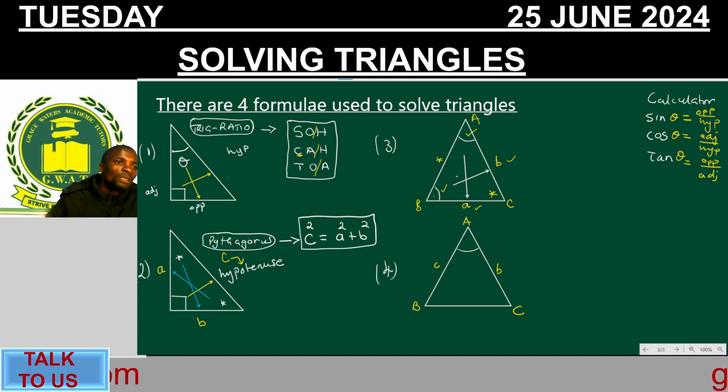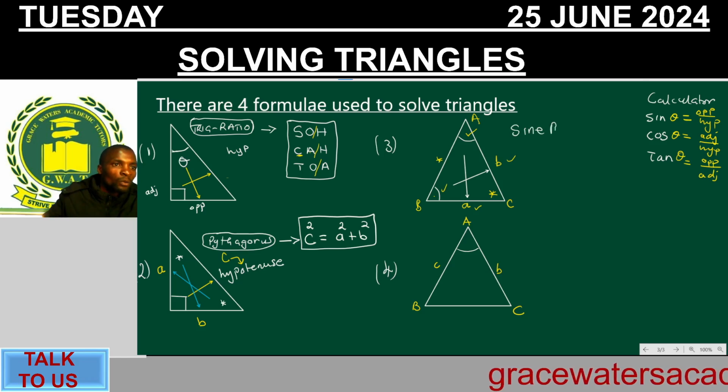So what we do is, we now know that we have a set of corresponding sides and angles. So we need to use the sine rule when it comes to this type of triangle. All right, so what does the sine rule state? So we have the sine rule.